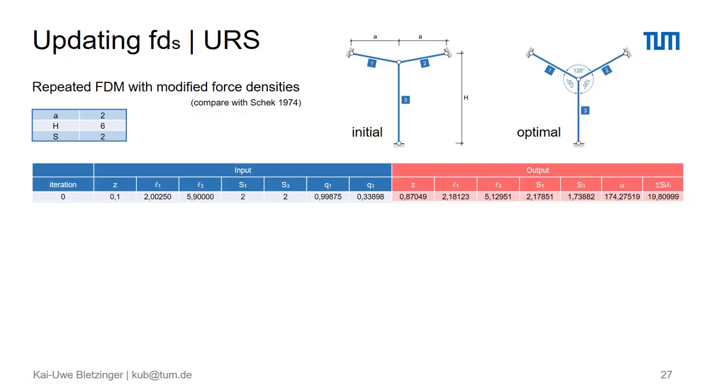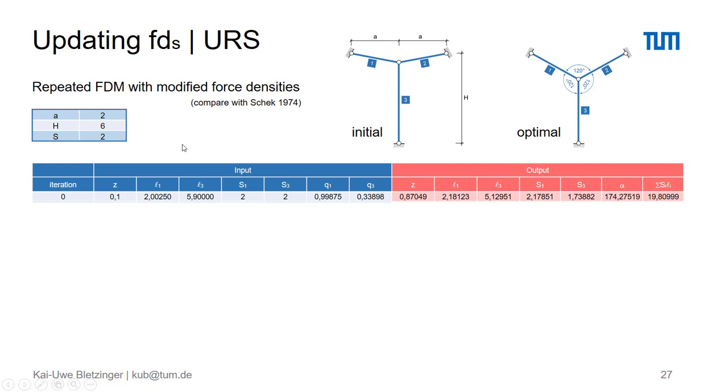And exactly that is the idea of the updated reference strategy, that we repeatedly solve the linear force density method with chosen force densities, iteratively adapting the force densities so that at the very end we arrive at the optimal minimal path length with this 120-degree angle between those cables.